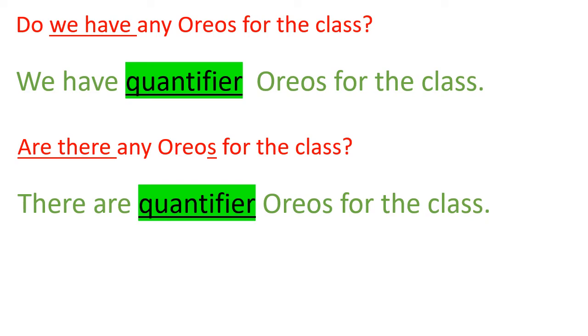So my answer to that would be, I could say there are enough Oreos for the class. There are a few Oreos for the class. There are some Oreos for the class. So this second question and second answer are the ones that we will use in today's lesson.